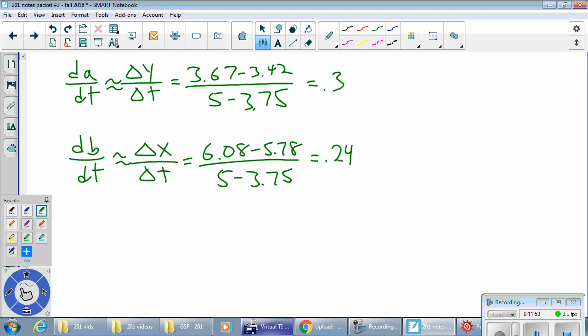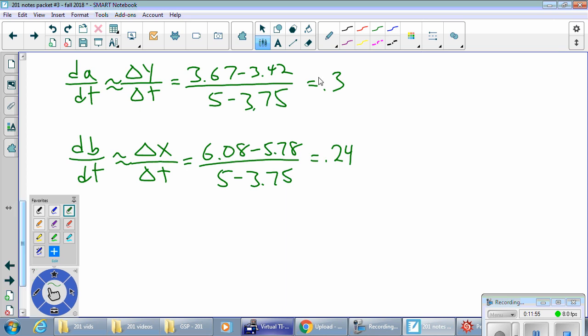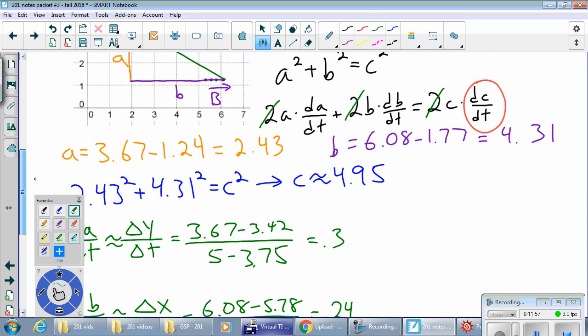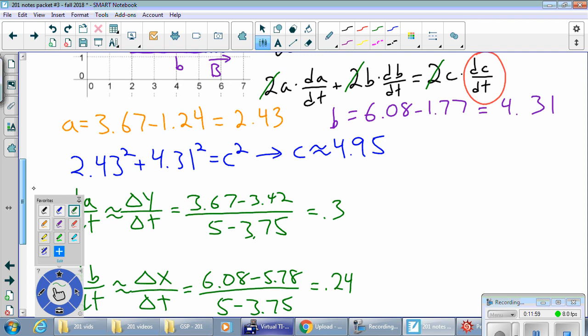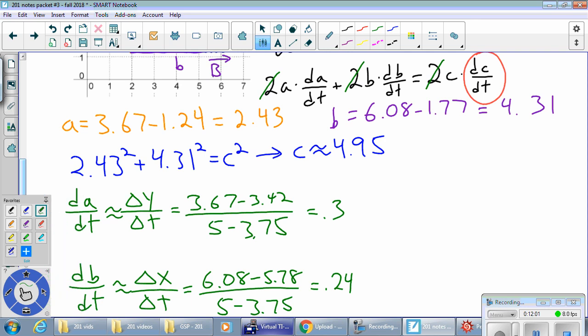Okay, and now I think we have every single thing that we need for our equation. I guess we've got just about everything on the screen now. So let's go from here. We are using this big equation right here, and we are plugging in numbers for all of these things that are variable expressions. So here we go. I've crossed off the 2, so not reading that, but A, we calculated A already.